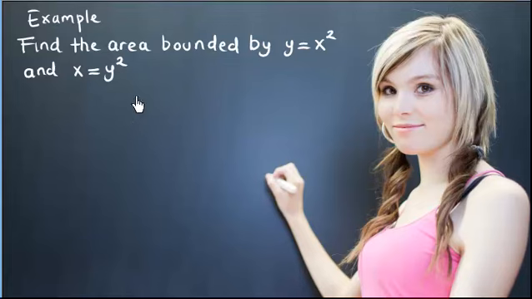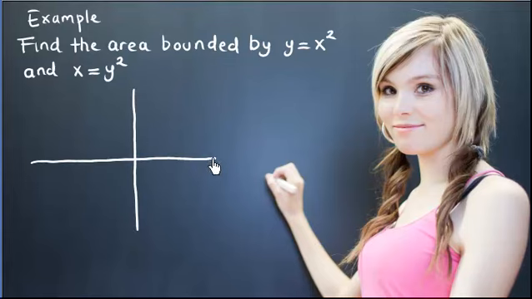Okay, so let's draw the two graphs first. So roughly y equals x squared is the following. Okay, and x equal y squared is this one.